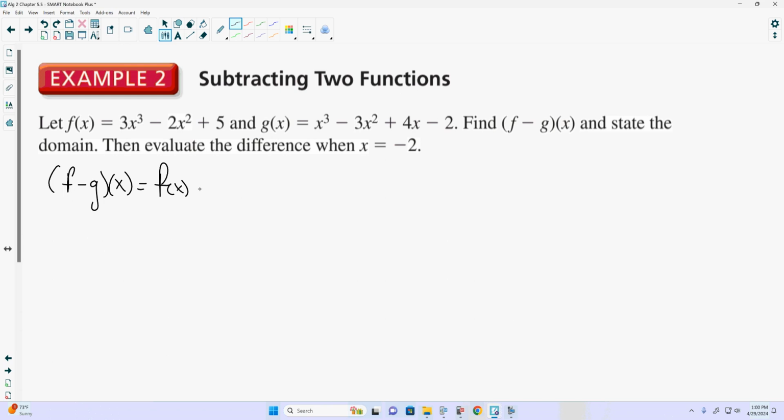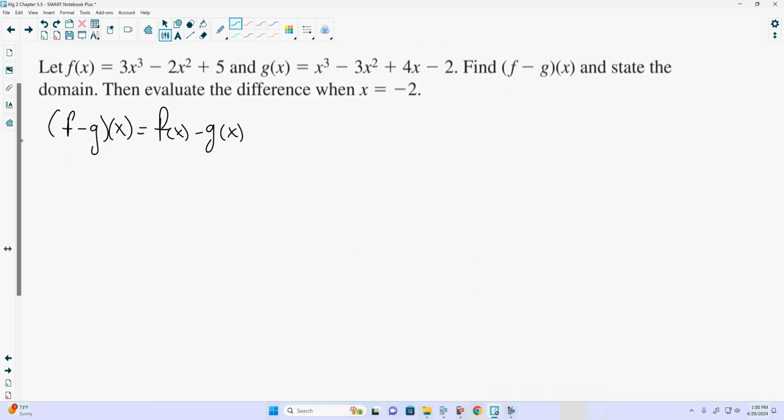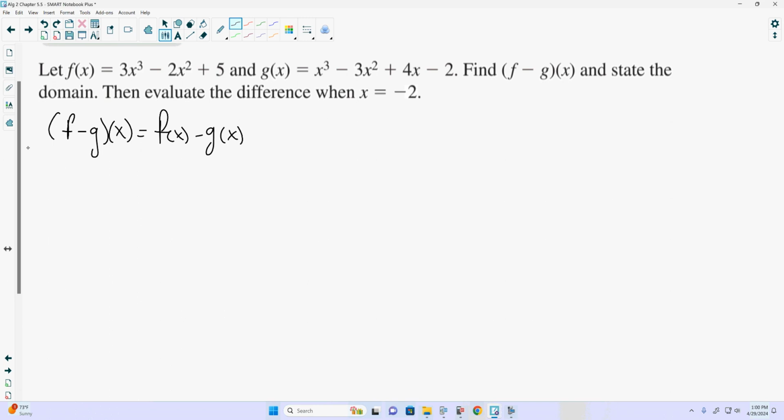Well, again, this is just f of x minus g of x. F of x, in our case, we're plugging x into f of x, which just gives us 3x cubed minus 2x squared plus 5. Minus. Plugging x into g of x just gives us the function itself.